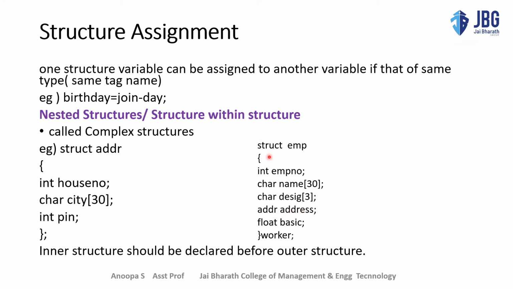So we have a structure data type within another structure and it forms the nested structure. When we use a nested structure, you should be very careful that the inner structure should be declared before the outer structure. Here I am using the structure address, which is declared before this. Otherwise the compiler will report an error.